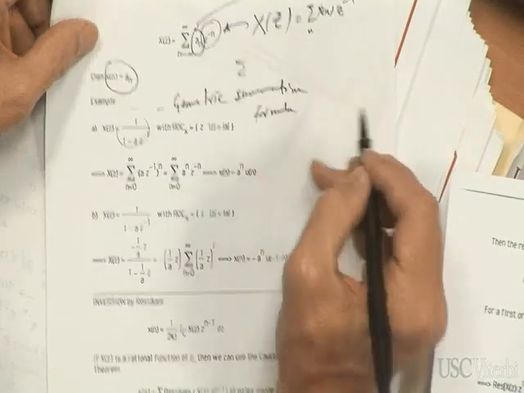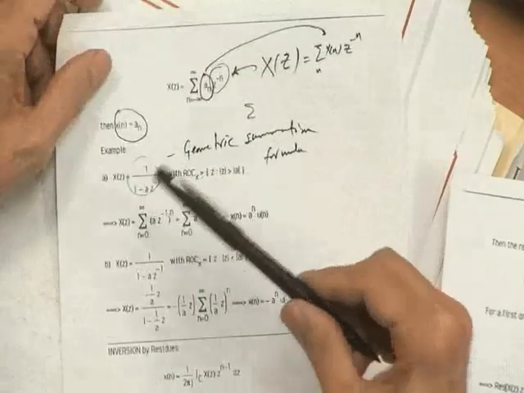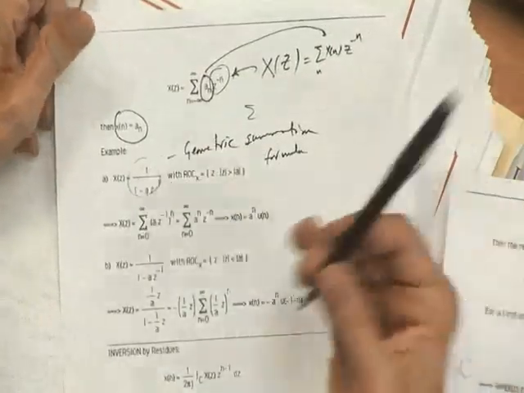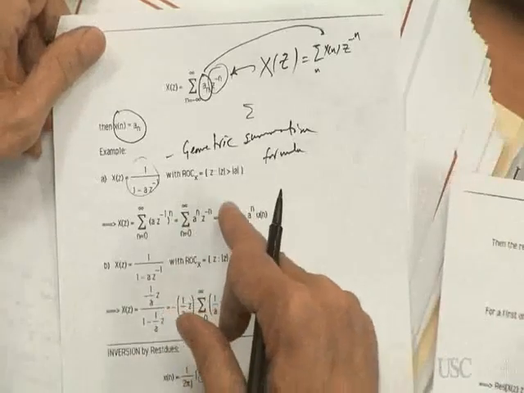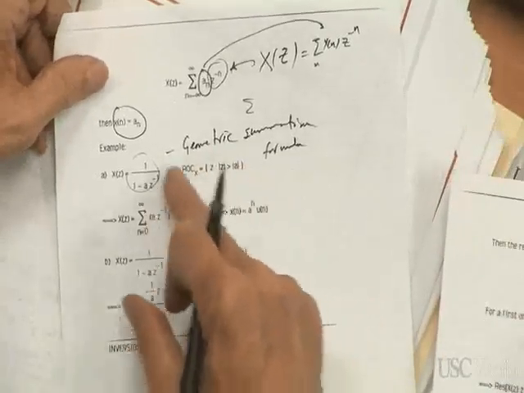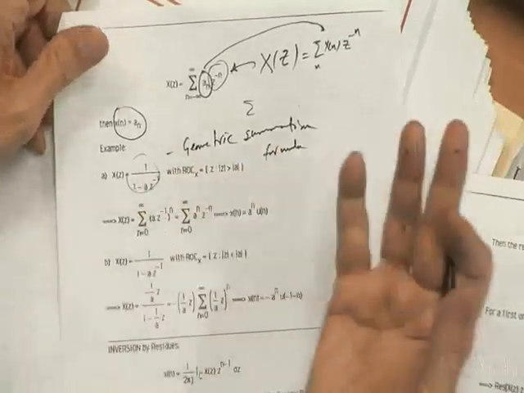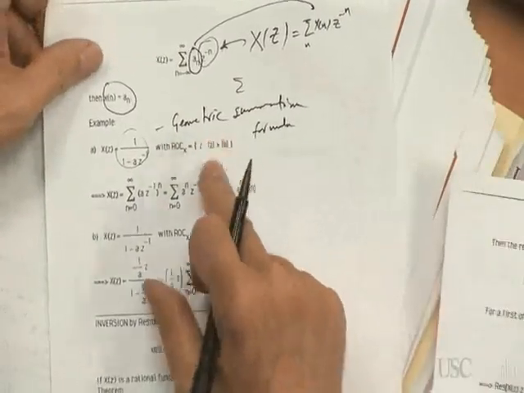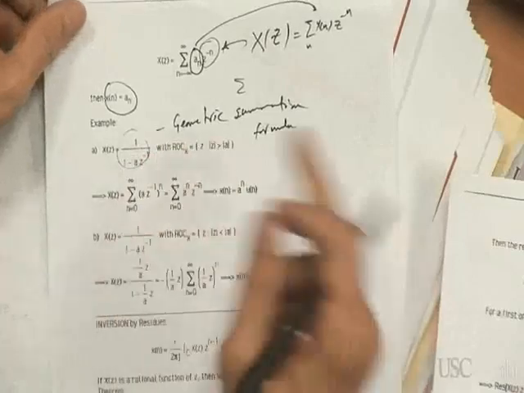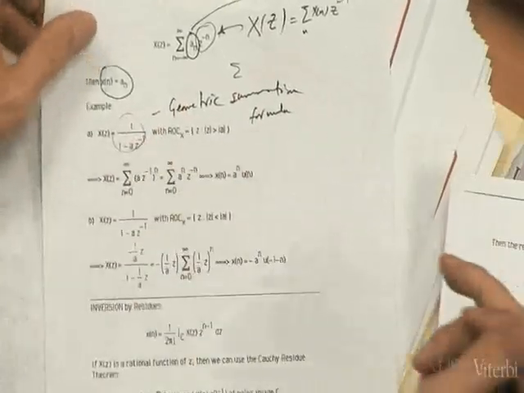As a simple example, suppose I have a Z transform that looks like 1 over 1 minus a z inverse. And I furthermore tell you that this has one pole, at z equals a, and its region of convergence is exterior to the circle bounded by that pole.